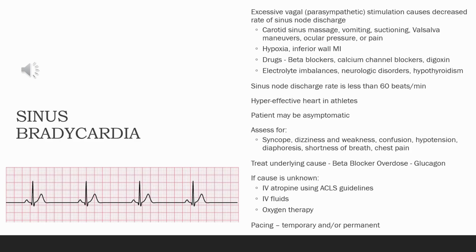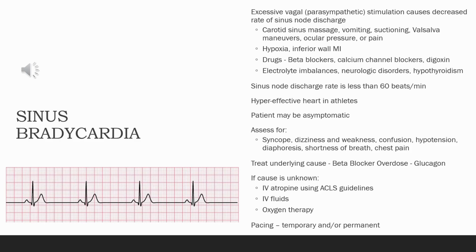And the biggest treatment for this, following the Advanced Cardiovascular Life Support guidelines set forth by the American Heart Association, is to administer atropine IV. Atropine works to increase the heart rate so that the patient is no longer symptomatic or unstable. We can also provide IV fluids to help maintain blood pressure.